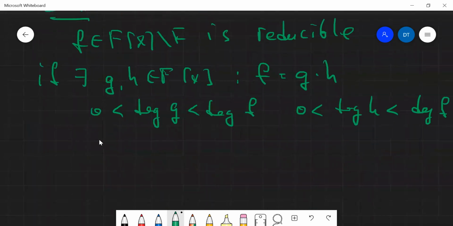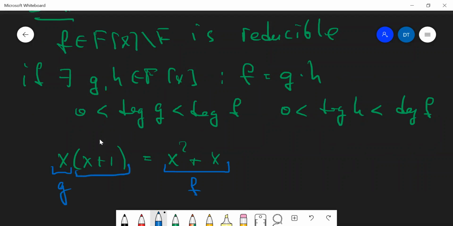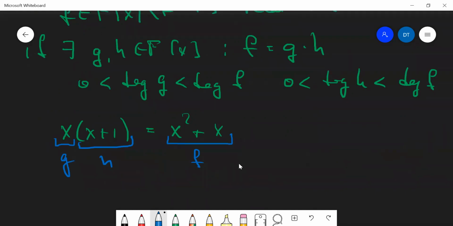So what does it mean? It means that if you have, say, x times (x plus 1) equals x squared plus x, this is your f, this is your g, and this is your h. So in this case, you can represent f as the product of polynomials of strictly smaller degree than the degree of the polynomial f.